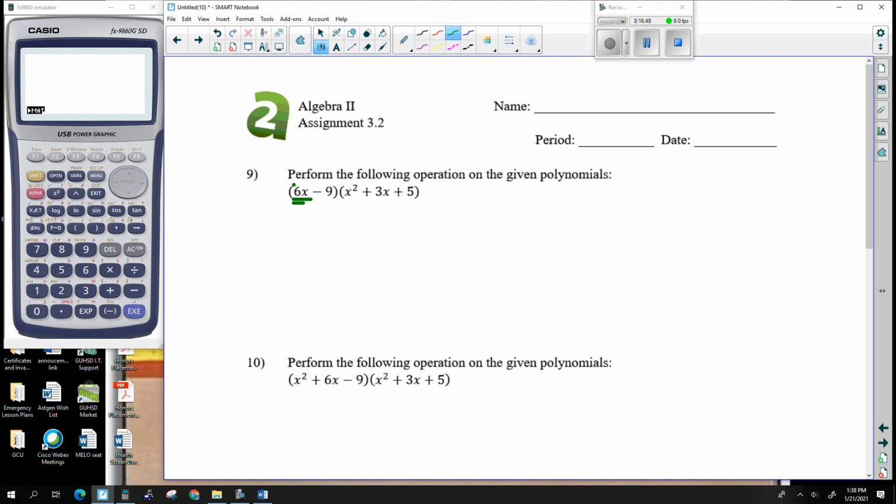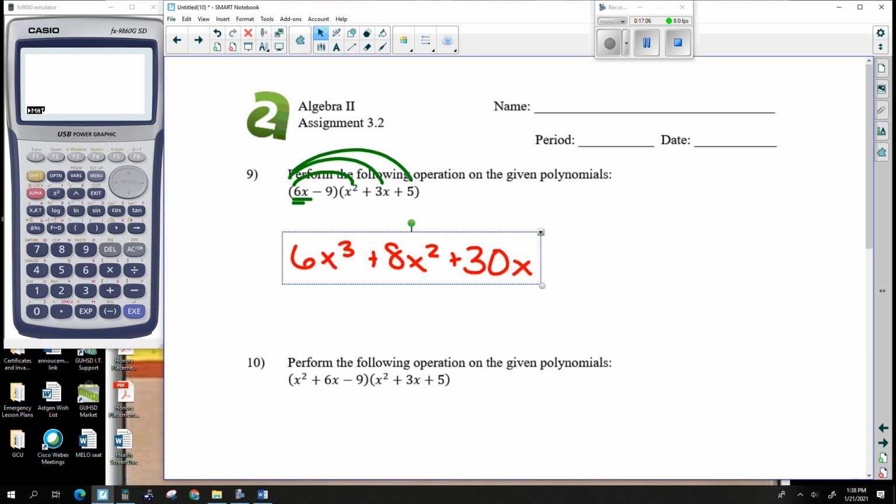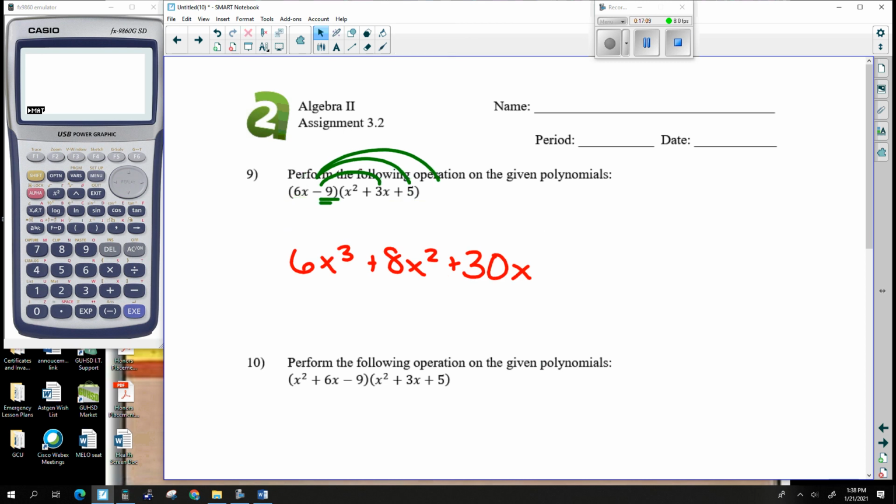Okay, so we start with the first term, multiply all the way through. So 6 times 1 is 6, x with x squared. 6 times 3 is 18, x with x is x squared. 6 with 5 is 30, x with nothing is x. Okay, so that is the multiplication as far as the 6x is concerned. Move to the next item, which is the negative 9.